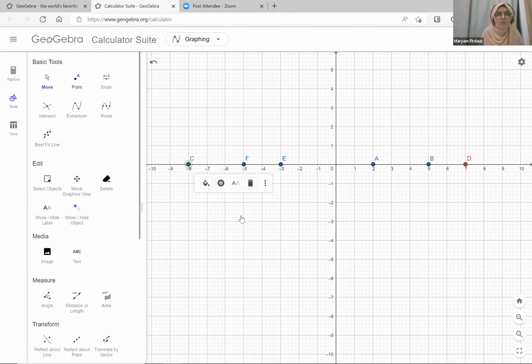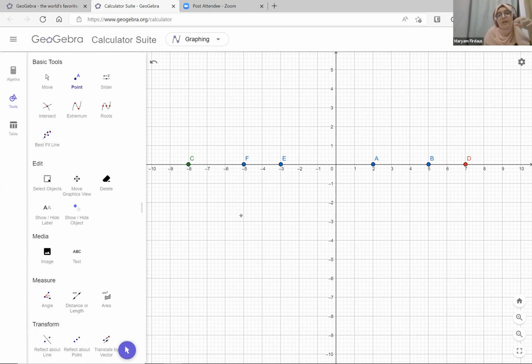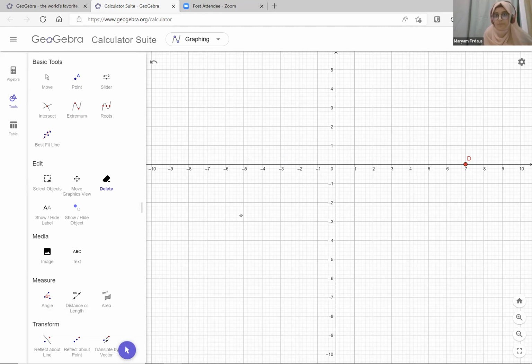Right. Now, how about if I take any number and I subtract from it a positive integer? Okay, let me just delete all of these points that we have here so as to avoid any confusion. Let's say I have any number.